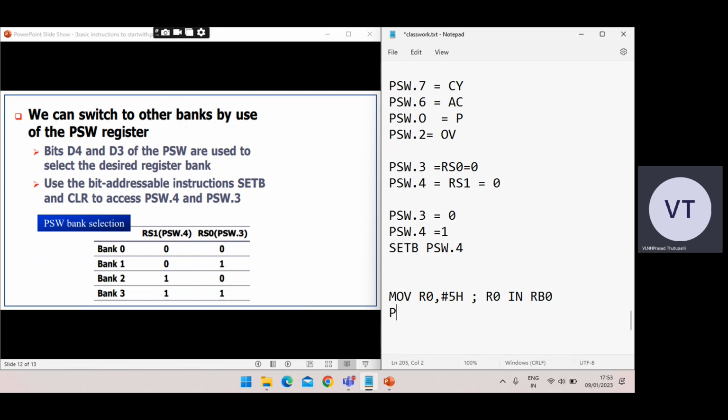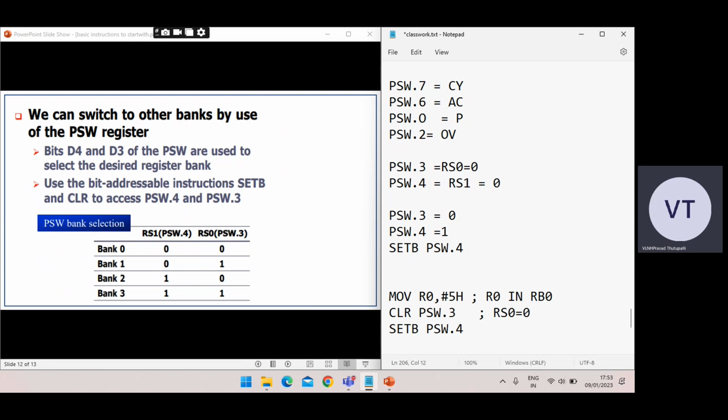Now let us suppose I write CLR PSW.3 and SETB PSW.4. What happened here? By writing the CLR instruction, PSW.3, which is nothing but RS0, register select 0, has become 0.